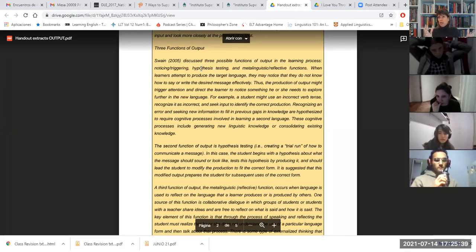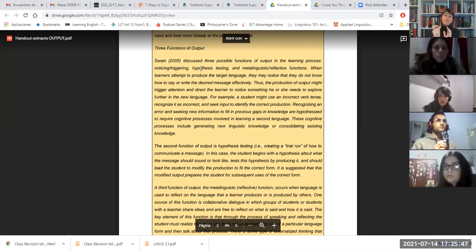So that, okay, I'm saying this, but I noticed that there is something different. So, Anna, it is when the student recognizes an error or a mistake, and he or she makes an effort to recognize the correct word or structure. Exactly.